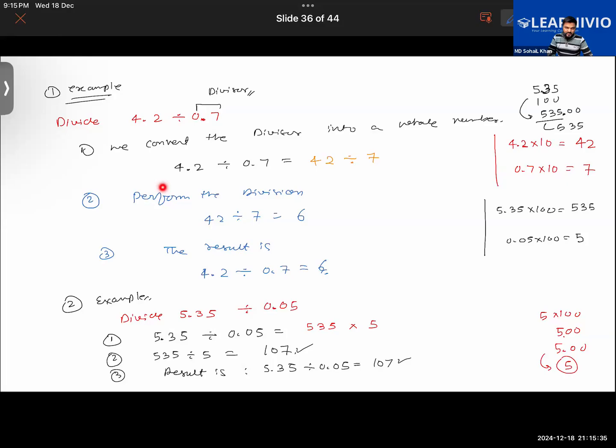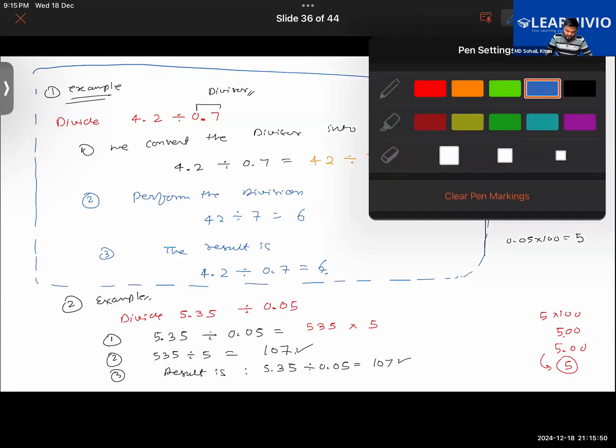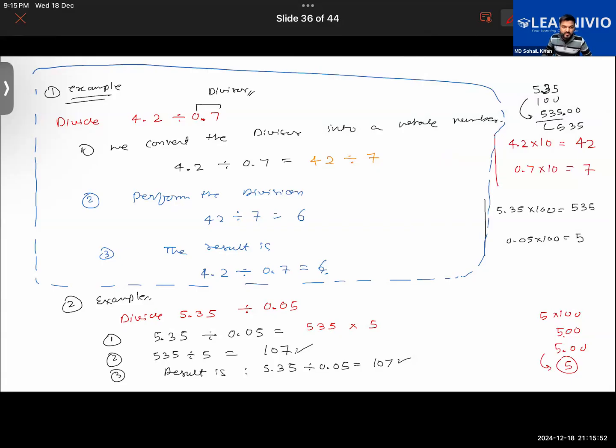Write down the first example quickly, okay? It will take a long time. Okay, if it is so, I'll be putting this screenshot. One minute.